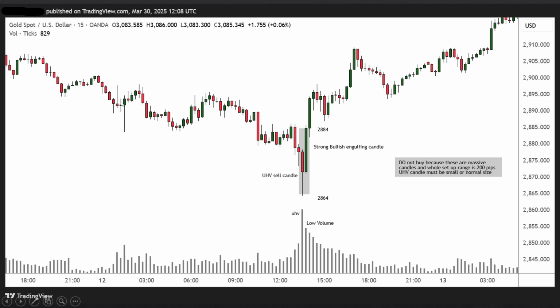Now again the market is coming down. This is a 15-minute gold chart. The market is coming down. There is one sell candle with an ultra high volume. Look at the candle, and suddenly the market starts reversing upside with a low volume.